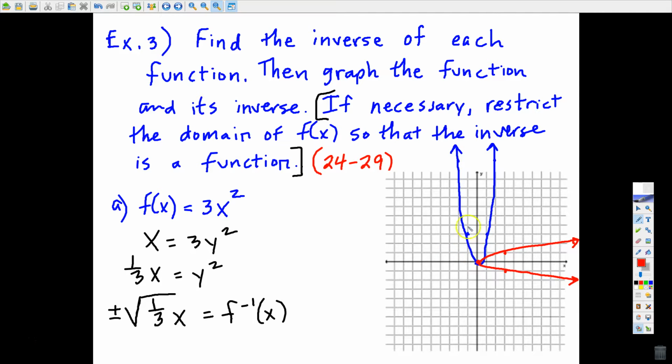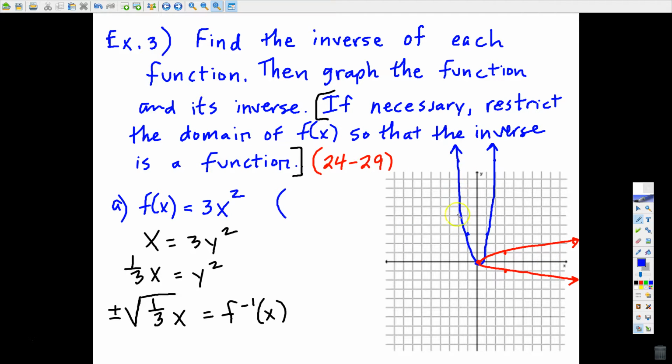So let's just say, for example, the only part of this parabola we had to look at was just the left half. What would the domain be for just the left half of that blue parabola? How would you state the domain? And we'll use interval notation. Just the left half. Okay, I'm going to do that in blue.